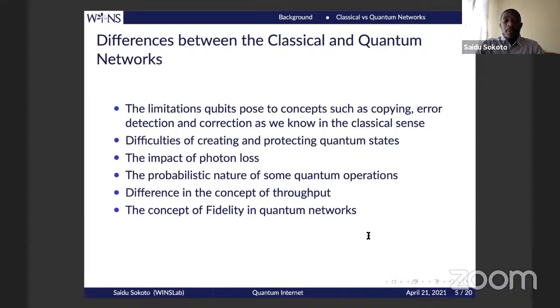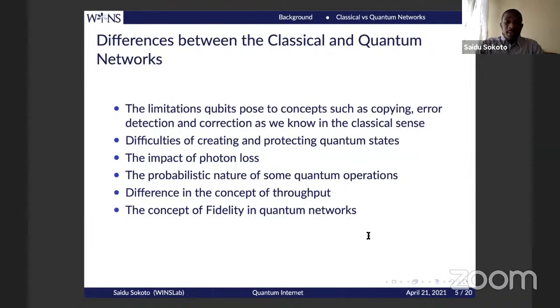The concept of throughput is also different in quantum networking. While in the classical sense, at least theoretically, the throughput of a hop-by-hop network can be maximized, in the quantum sense, as the number of hops or as the number of entities increases, the fidelity of the quantum state decreases, and also a host of other issues arise.